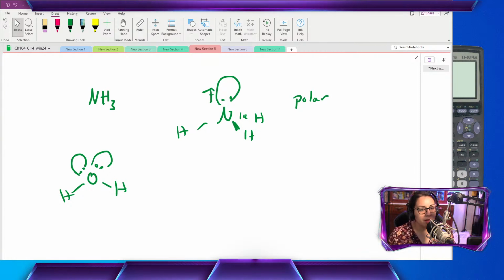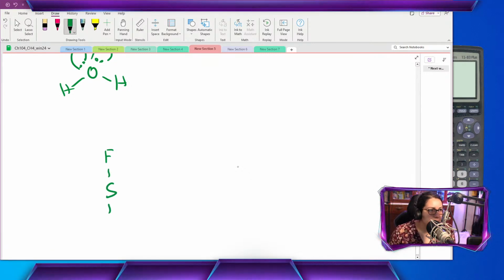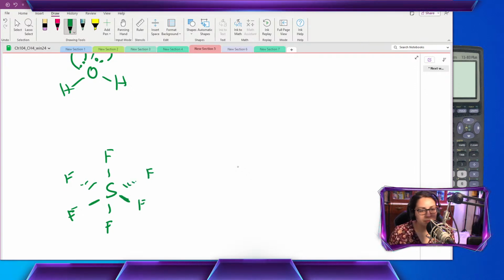So let's try these two. Let's compare them. I'll do SF6 again, sulfur hexafluoride, versus sulfur tetrafluoride.